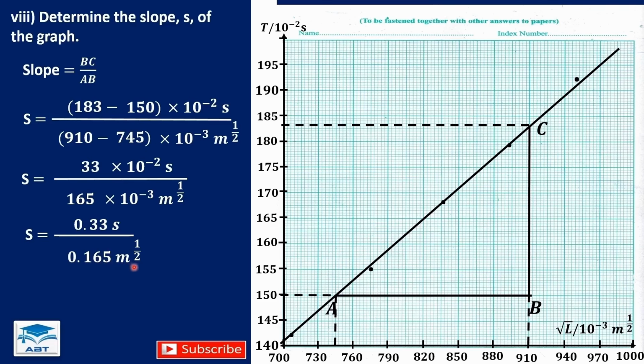And we add the unit. And now 0.33 divided by 0.165 is 2. We have seconds at the numerator and meters exponent half at the denominator. So the reciprocal of meters exponent half will be meters exponent negative half. So this is the slope.